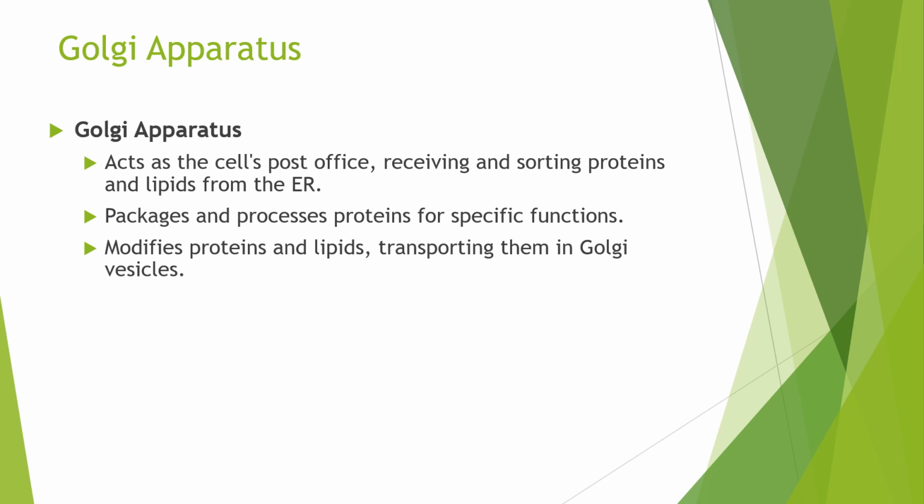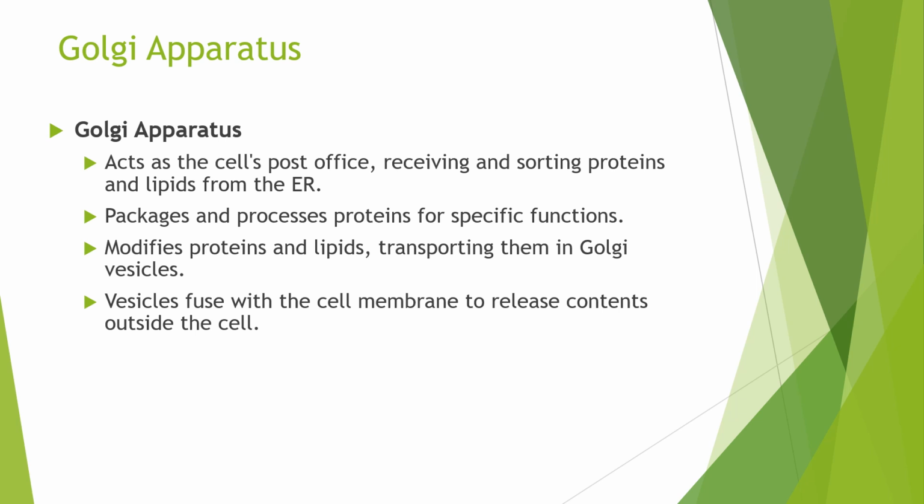For example, the Golgi can add carbohydrates to proteins, forming glycoproteins, which are important for cell signaling and structure. Similarly, it processes lipids to prepare them for their roles in the cell membrane or energy storage. After modification, these proteins and lipids are packaged into Golgi vesicles.